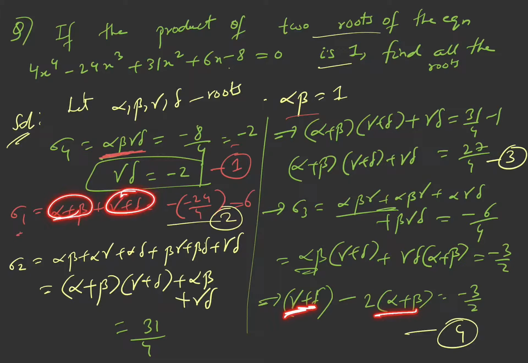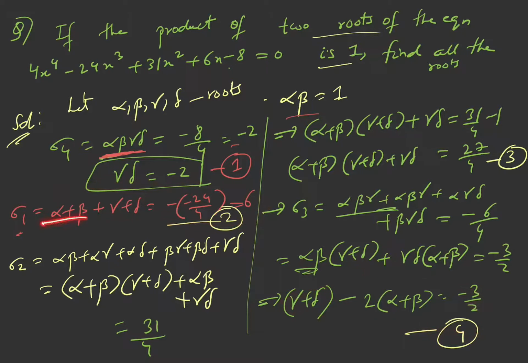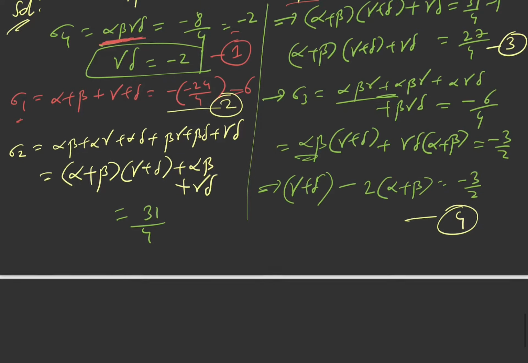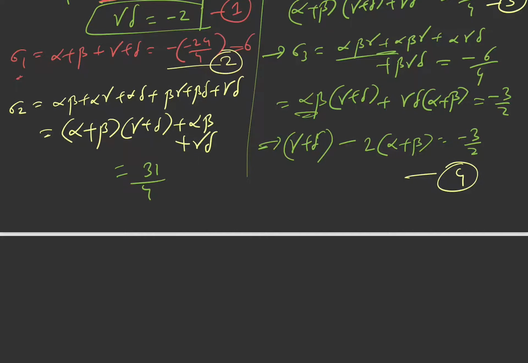Here you have gamma plus delta minus 2 into alpha plus beta. So now if I take equation 2 and equation 4, then I will get the values of alpha plus beta separately and gamma plus delta separately, right? You can treat alpha plus beta as A, this is B. You know A plus B, you know A minus 2B. Then you can find A and B, right? So let us solve equation 2 and equation 4.